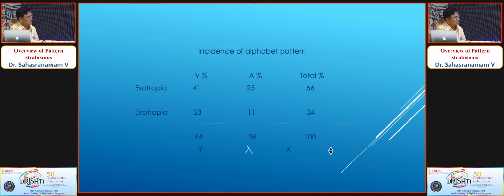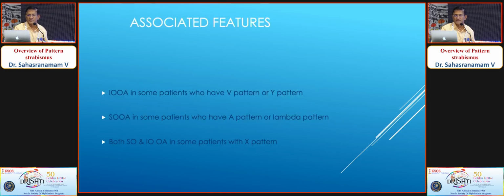Or you may also get rarer X patterns, where there is a relative divergence both in up gaze as well as in down gaze. Or a diamond pattern, where there is a relative convergence both in up gaze as well as in down gaze. So the various patterns can be there. There are still rarer other patterns and pseudo patterns. These are the usual alphabet patterns that we come across.